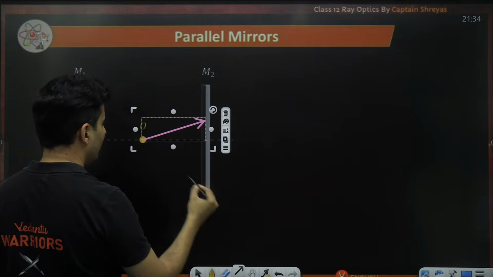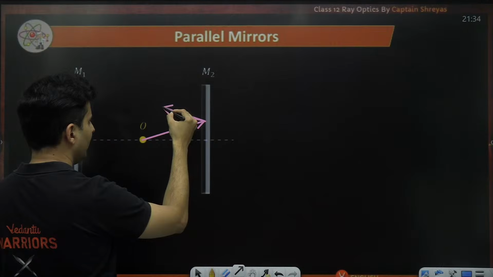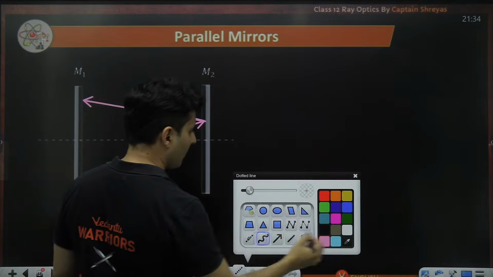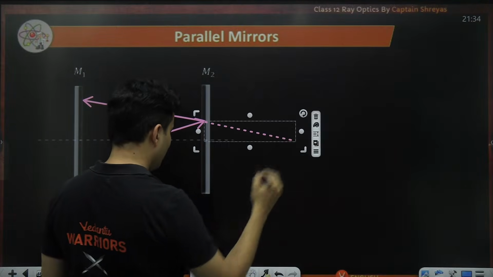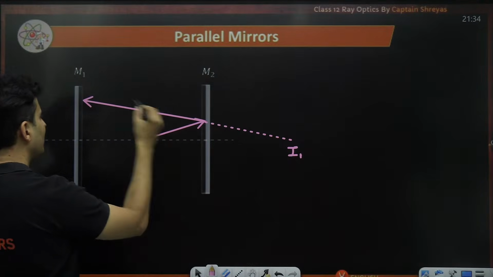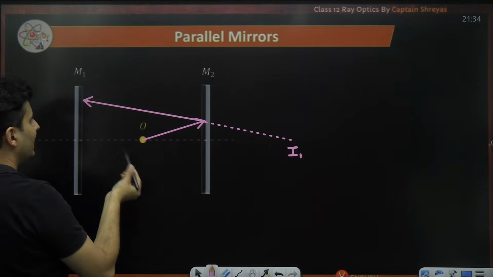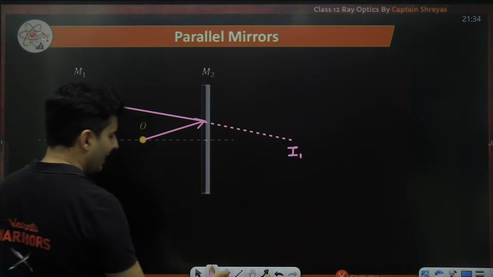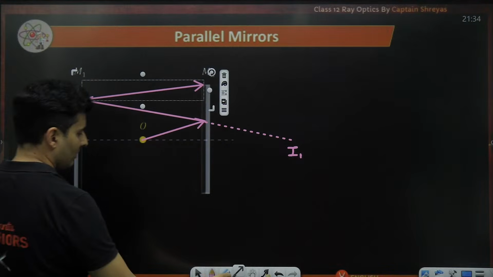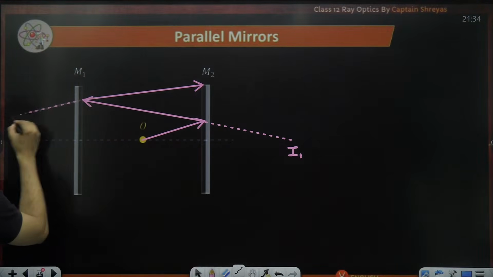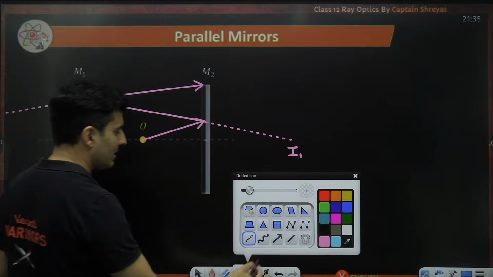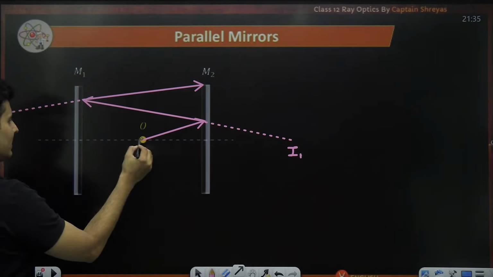So, the logic for this is this object will give rays like this and reflect like that, maybe. So the first image could be formed here. Maybe this is the first image. That image will act like an object for this mirror and it will again create a reflection. So you can think as if another reflection will happen. So if you extend the ray behind, again that image number 2 will be formed. The same thing can be said for a ray which goes to this side first.